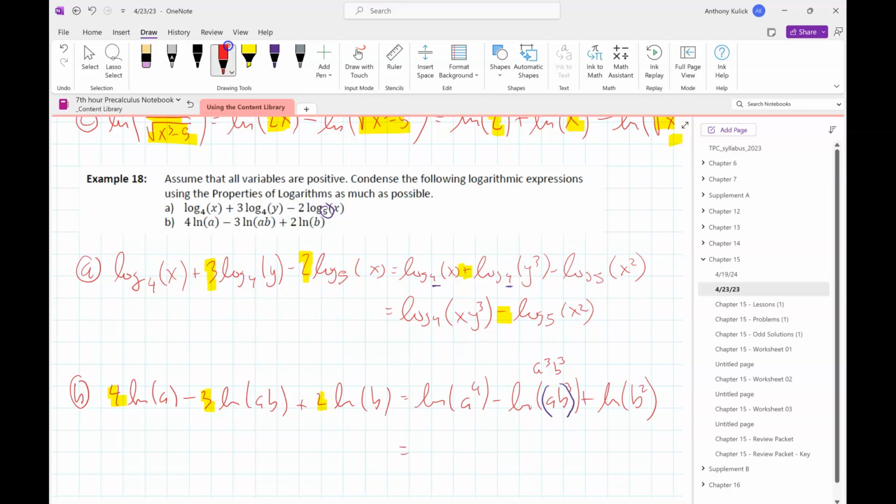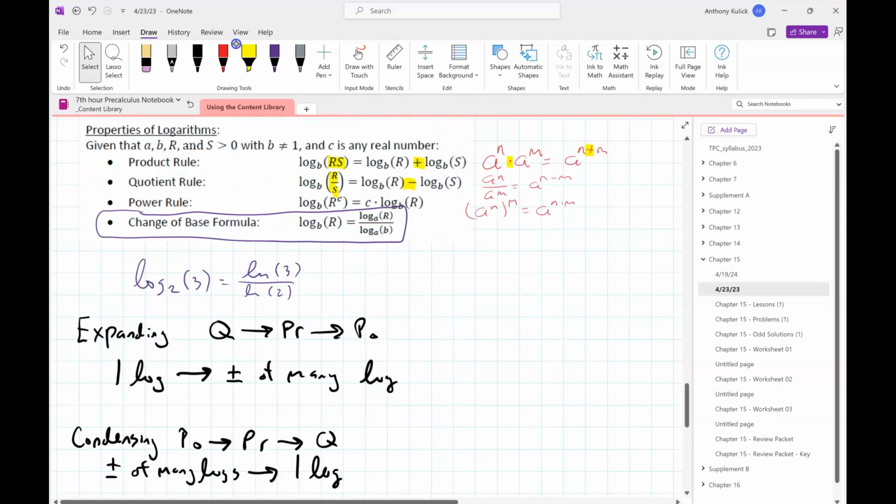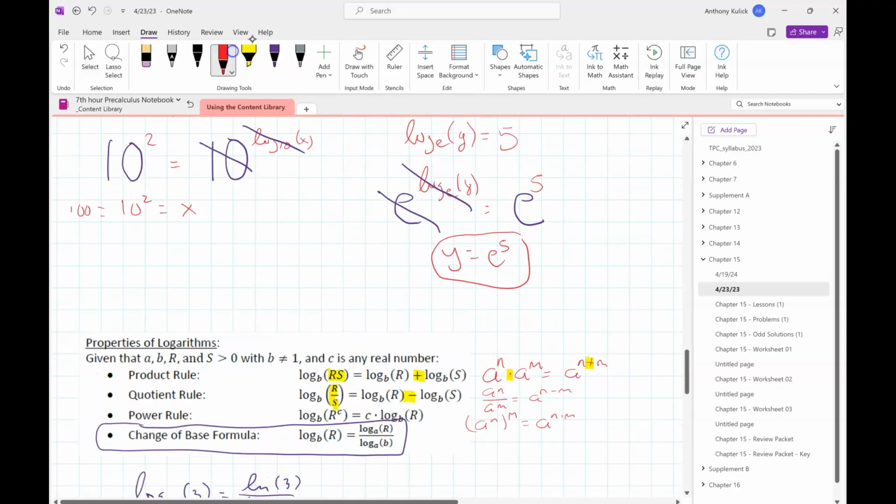Next thing we're going to do is look for a product property. I see a plus sign, so there's a product property, right? Here's the catch, though. The product property is not happening between the two logarithms you think it is. If you go back and look at the formula for our product property, both of our logarithms have to have a coefficient of 1, right?